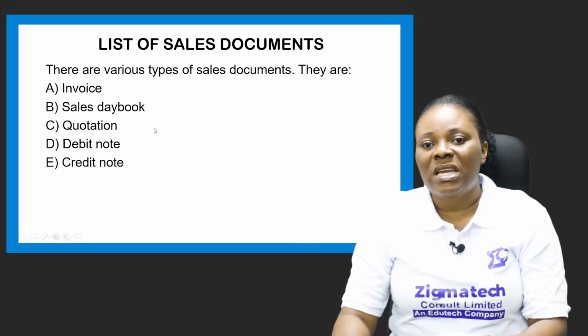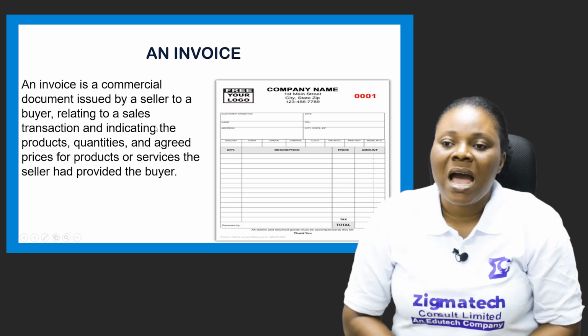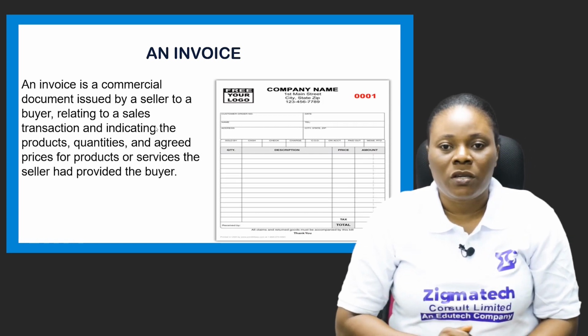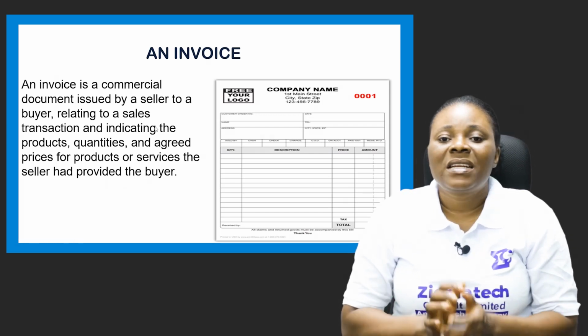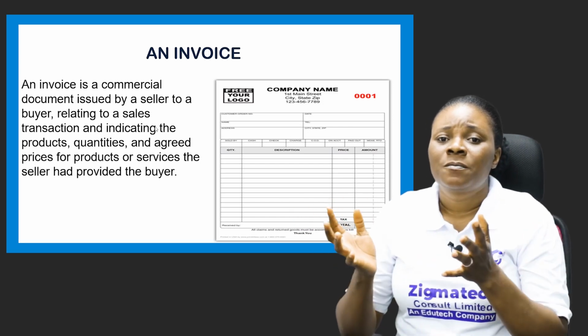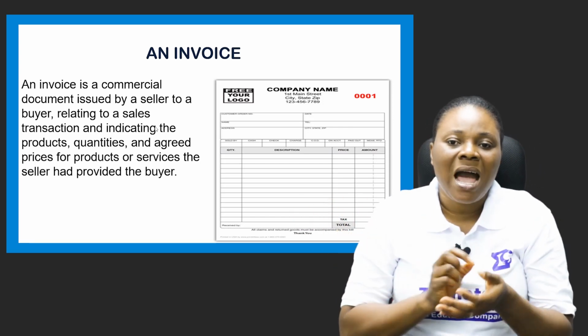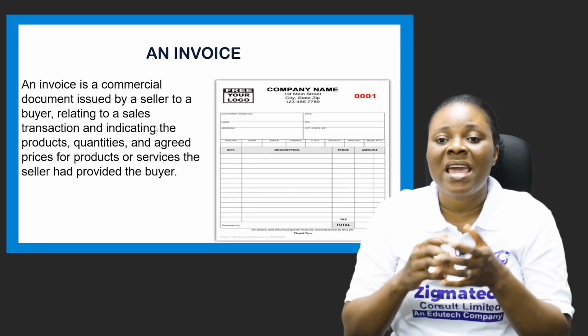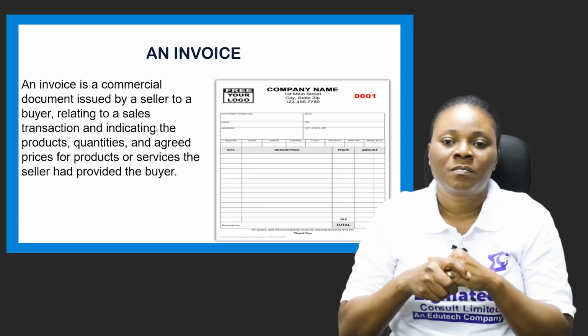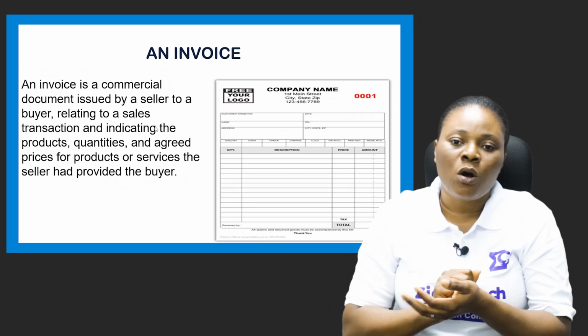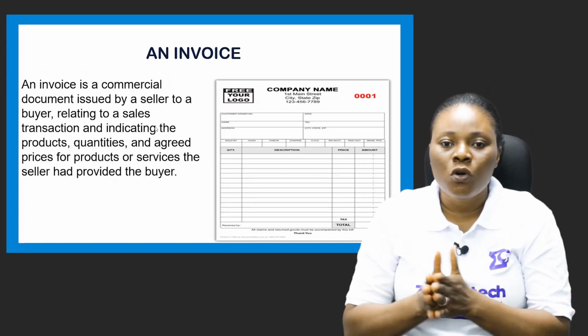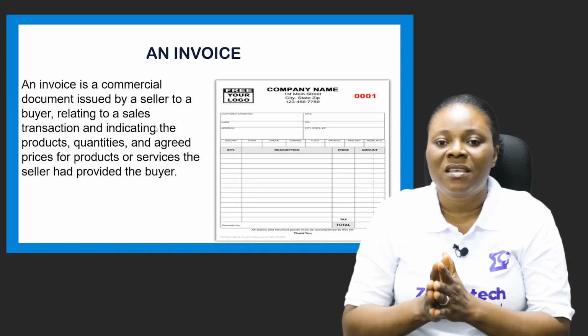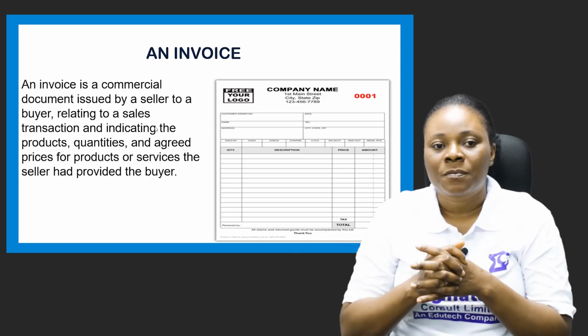So we begin by looking at the invoice as a sales document. An invoice can be described as a document handled and issued by a seller to a buyer to keep record of the goods provided by the seller to a buyer.